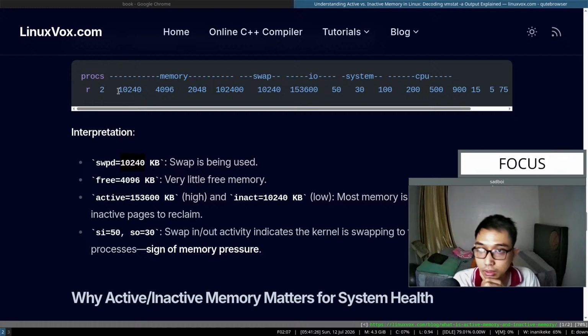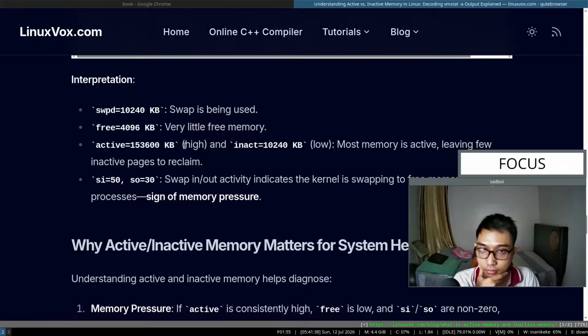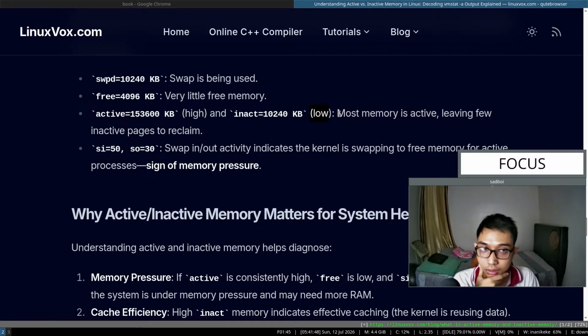So is this one, I guess. So is being used. Very little free memory. Active page, okay, with the low inactive page, I guess.